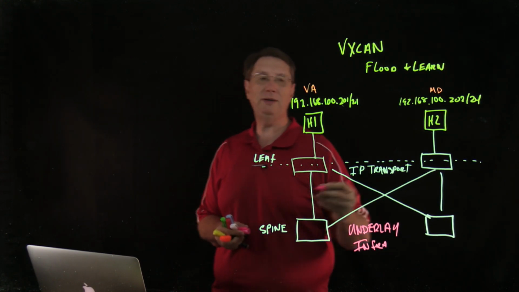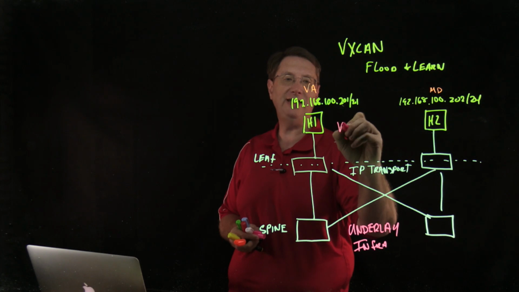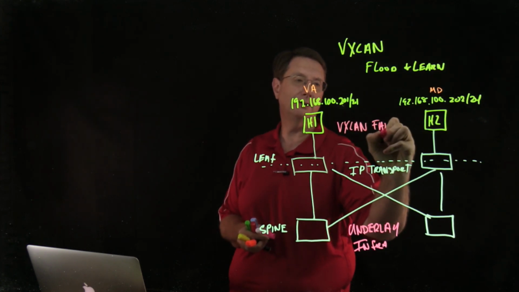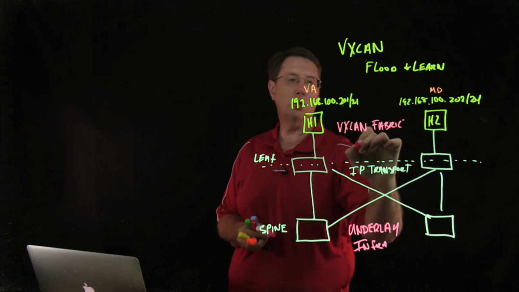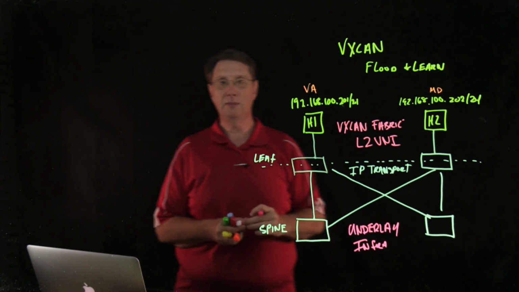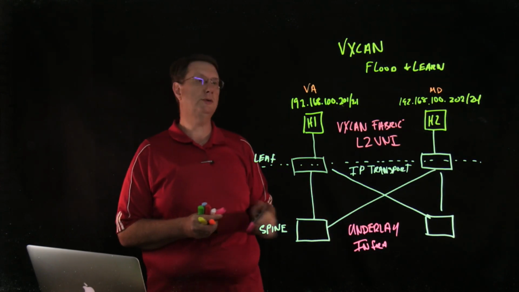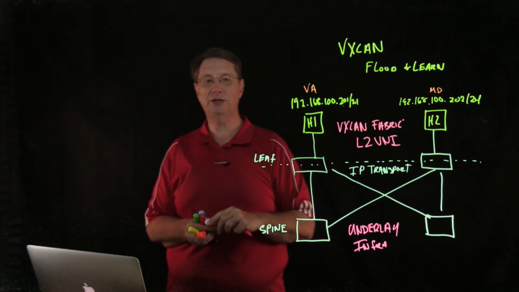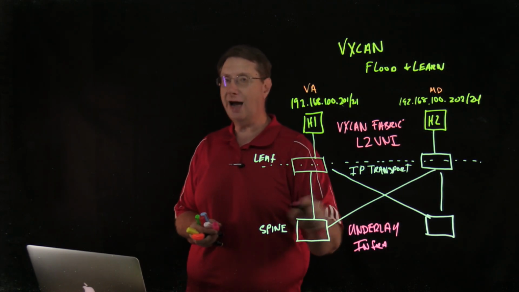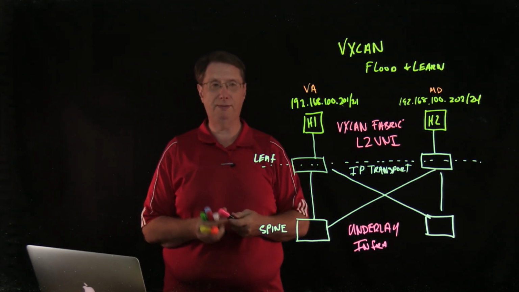What we're actually building is a VXLAN fabric that's going to be supporting layer 2 VNI. So the objective here is to obtain layer 2 adjacency between these resources through the communications and interconnection of this IP transport infrastructure that we're going to be building.